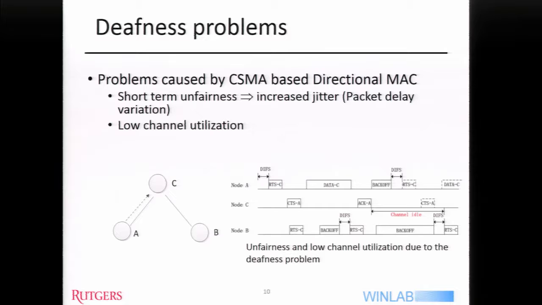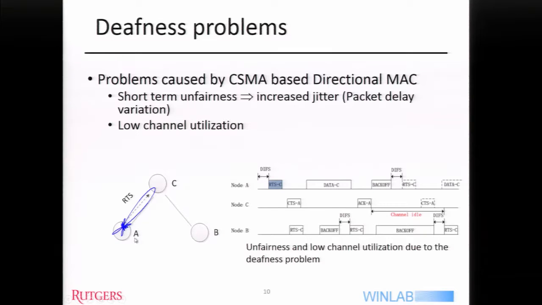So there is a well-known deafness problem, which is introduced by the CSMA-based protocols for the traditional directional MAC. For example, if node A and node B both have packets to transmit to node C, node A may start the transmission first.